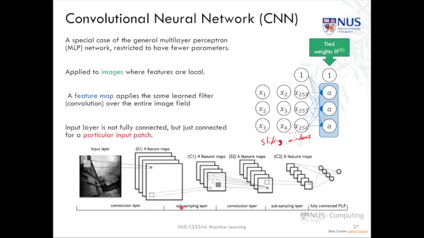We can then subsample or pool these together to create smaller, lower resolution maps that go over a larger portion of the image through our subsampling or pooling layer, and then repeat these operations in separate layers. At the end, we might fully connect our network so as to get a classification output here, which could be, let's say, using a softmax output.